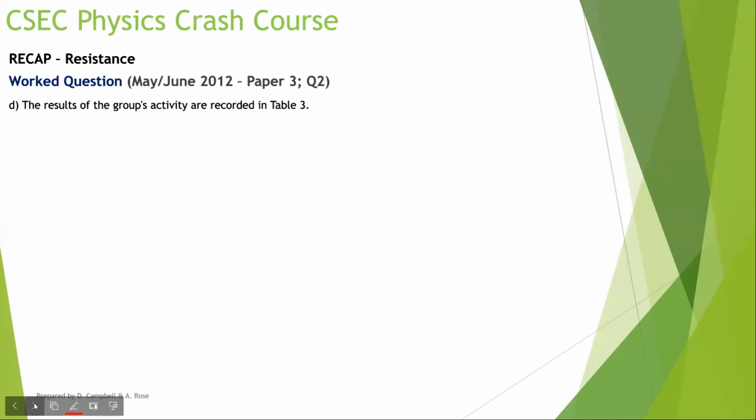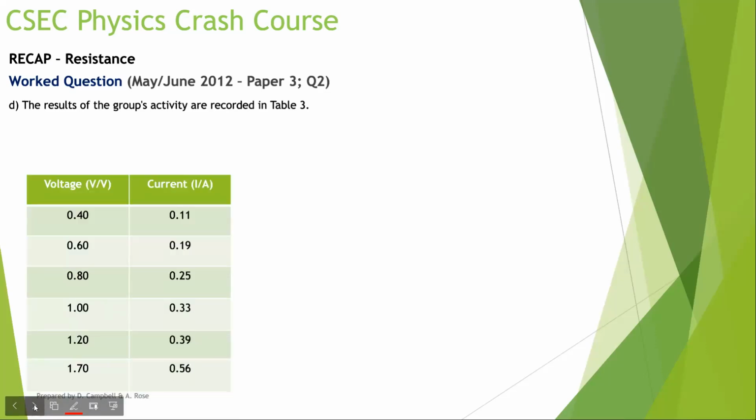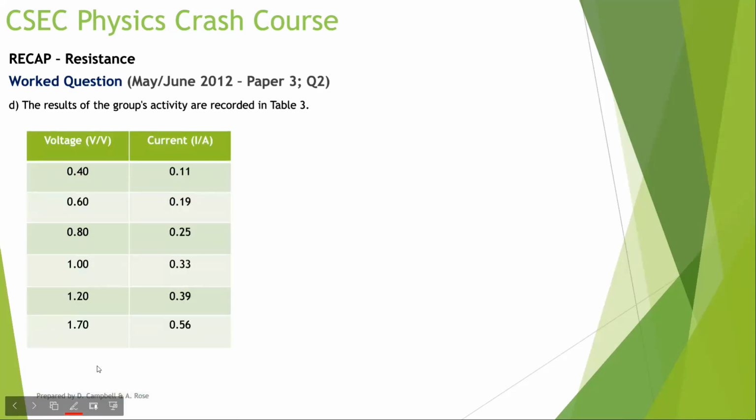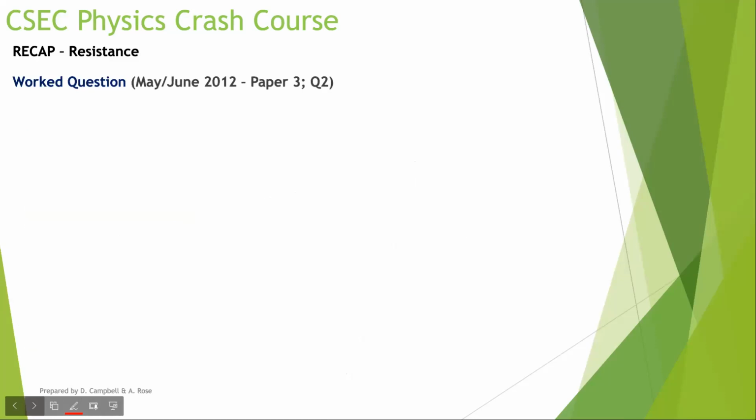So having set up the circuit, the students went and got some results, and the results are recorded in table 3. So they got results for current and voltage. And here we have six pairs of readings.